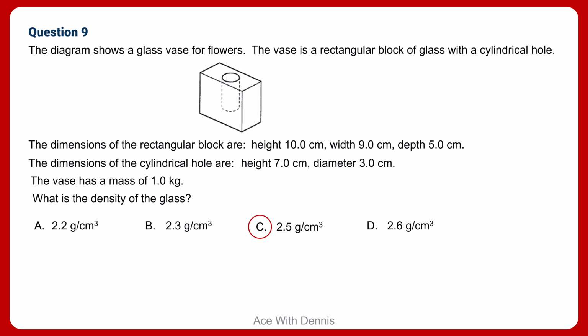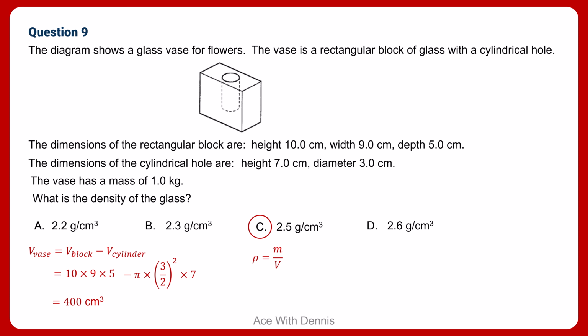Before we calculate the density of the glass, first we need to know the volume of the vase, which is the volume of the block minus the volume of the cylinder. So the volume of the block is 10 times 9 times 5, then minus the volume of the cylinder, which is pi r squared h, or pi times (3/2) squared times 7, and we get about 400 centimeters cubed.